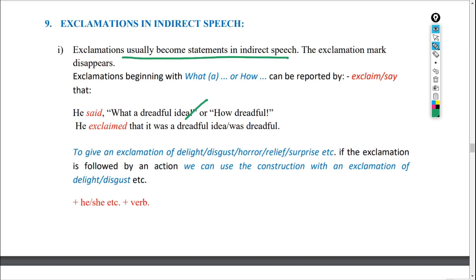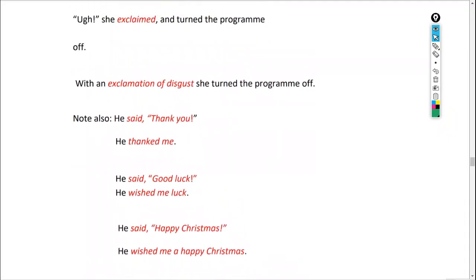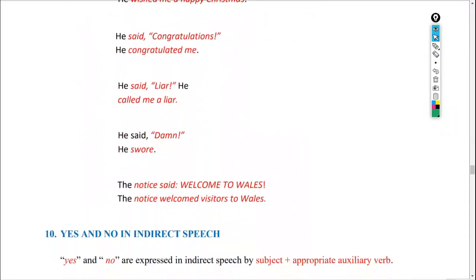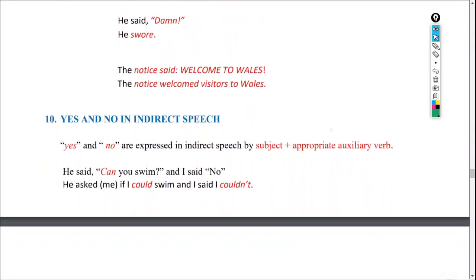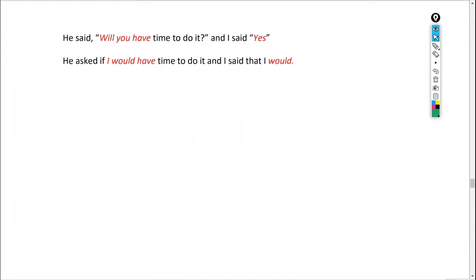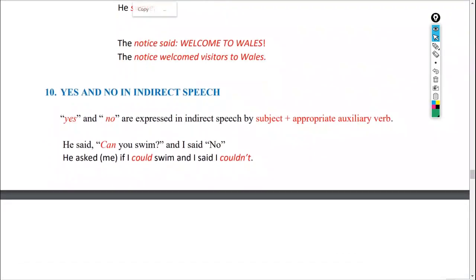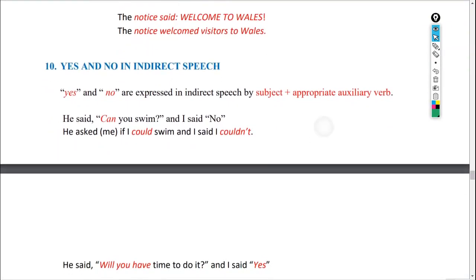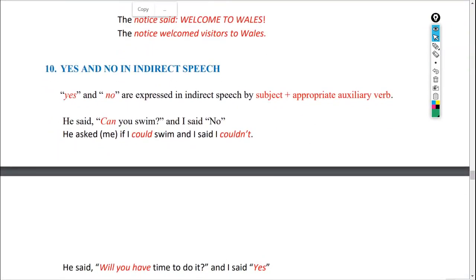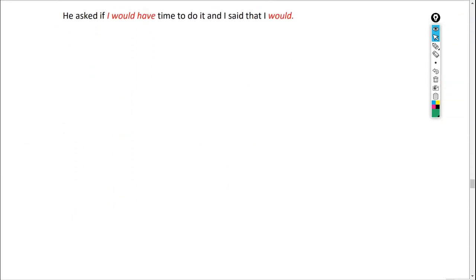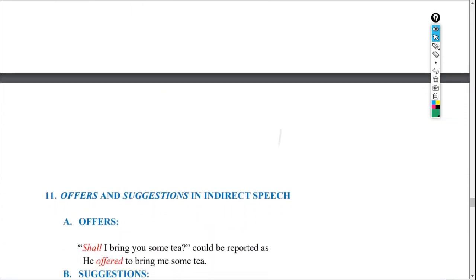Then let us continue. One more thing in the case of the exclamatory sentence.